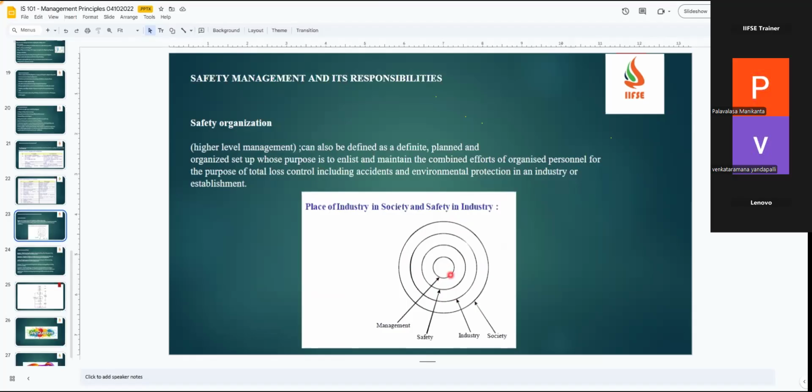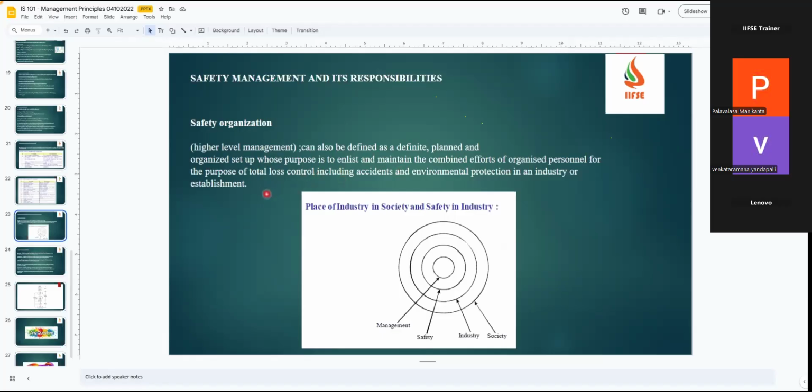So basically, the higher level management can also be defined as a definite or planned and organized set-up whose whole purpose is to analyze and maintain the combined efforts of organized personnel for the purpose of total loss control. So leave aside the definition.